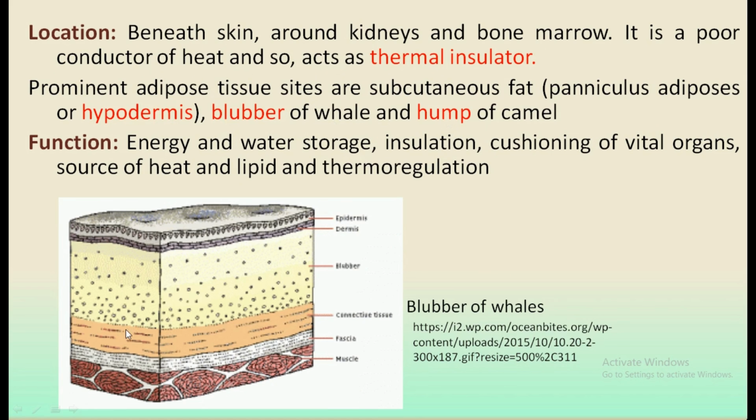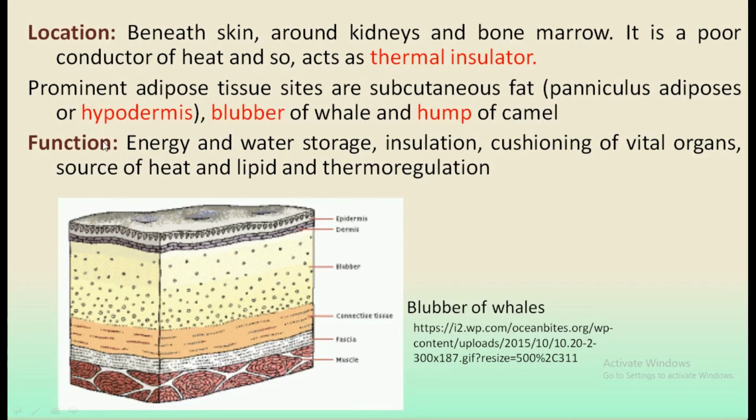So this is a picture of the blubber of whale. This is the epidermis, dermis, and this is the blubber region, and this is the connective tissue layer. The function of adipose tissue is energy and water storage, insulation, cushioning of vital organs, source of heat and lipid, and thermoregulation.